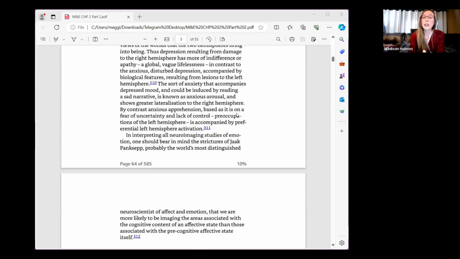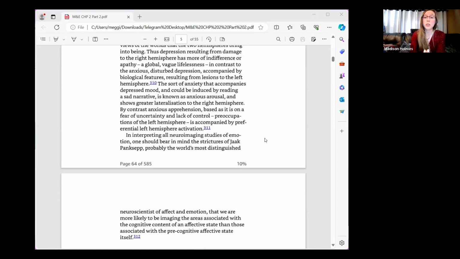The sort of anxiety that accompanies depressed mood and could be induced by reading a sad narrative is known as anxious arousal and shows greater lateralization to the right hemisphere. By contrast, anxious apprehension, based as it is on a fear of uncertainty and lack of control, preoccupations of the left hemisphere, is accompanied by preferential left hemisphere activation.